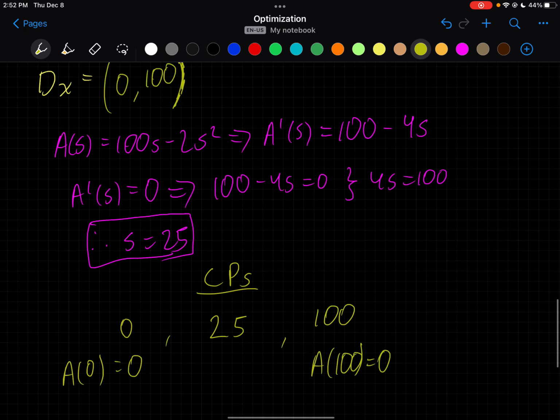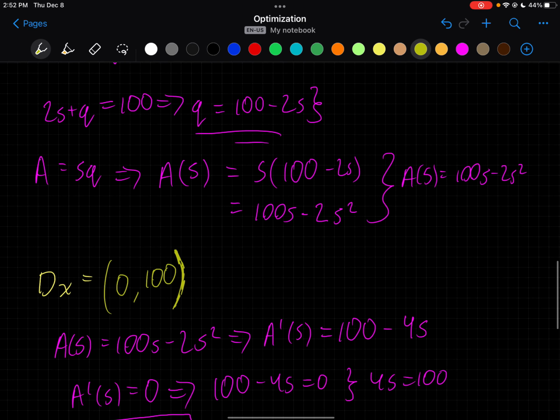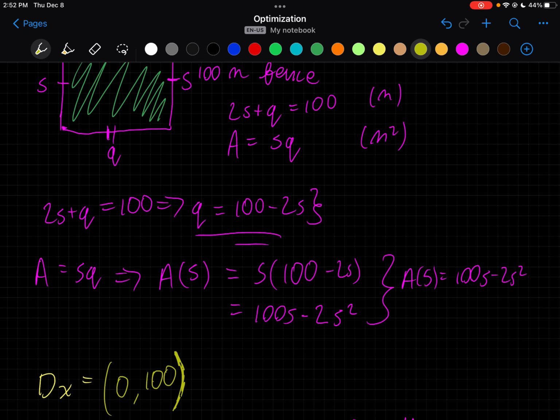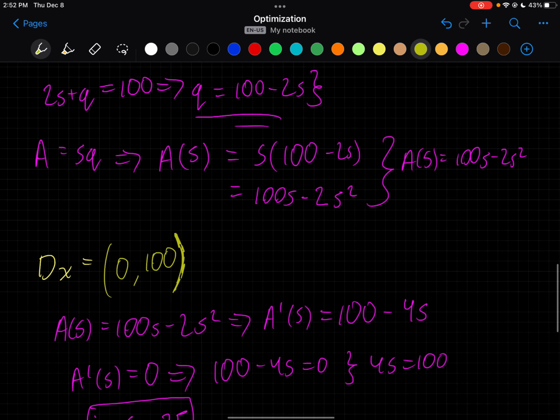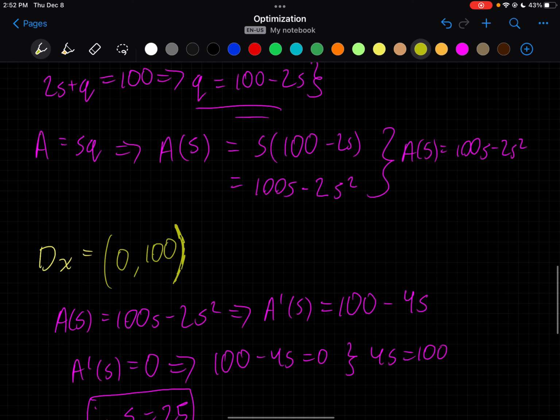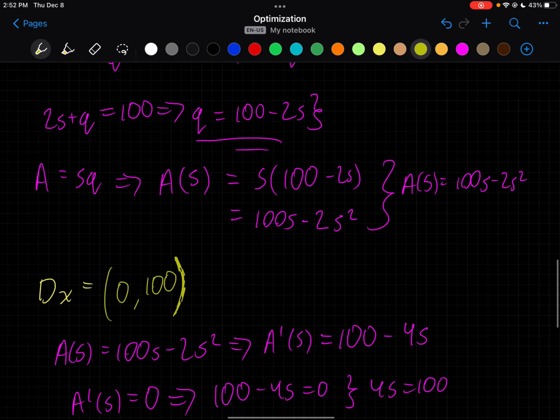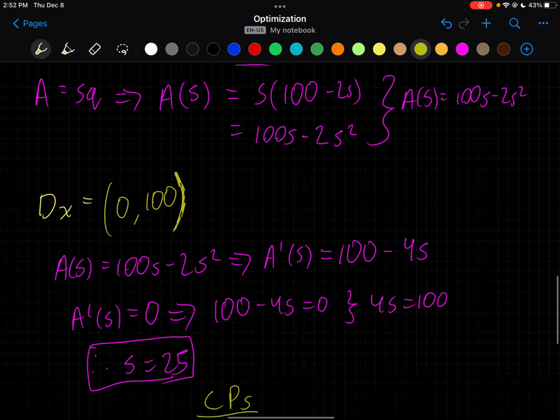Why is that? Well, let's go back to our equation. If s equals 0, then s times q is going to be 0.